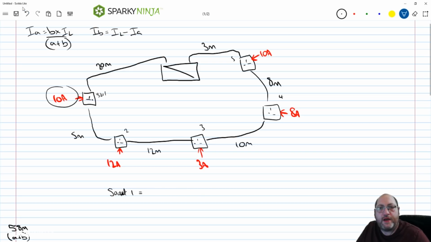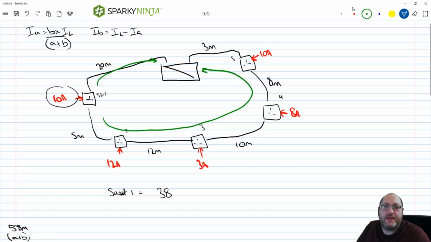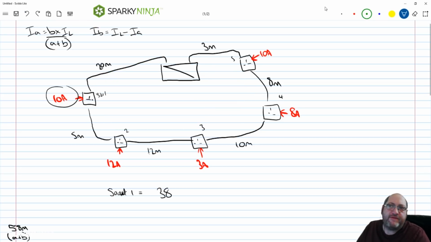Let me draw B in actually. In this example, this is A, 20 meters, and this is B, which is obviously 58 meters minus that 20, which is 38 meters. Okay, so that's B, and that's A. Just to remind you of that in case you've forgotten. I'll just delete those to make it fairly easy to read.